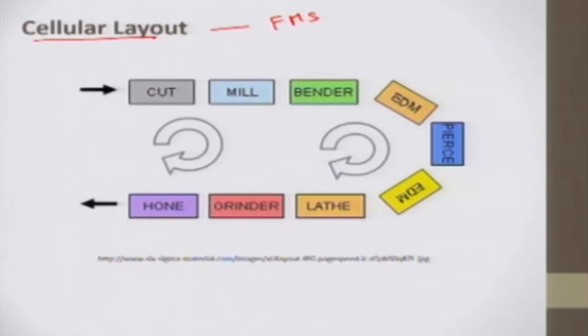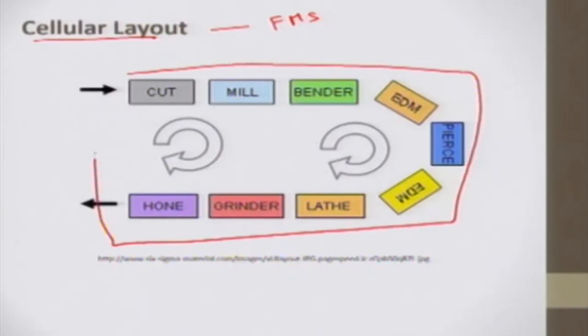So in a flexible manufacturing system, the automated machine cells are there, and this is one cell. If we have a material handling system, for example, there is a robot here who is picking up material from here and taking it to the second part. There is another robot here who is picking up a material and taking it here.